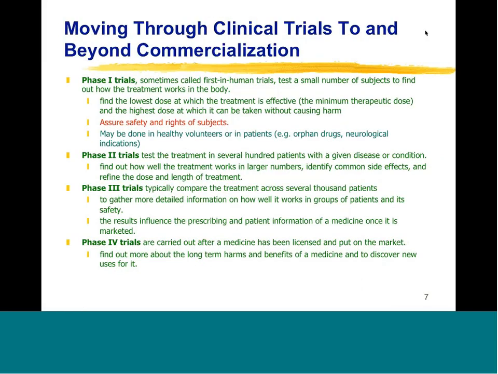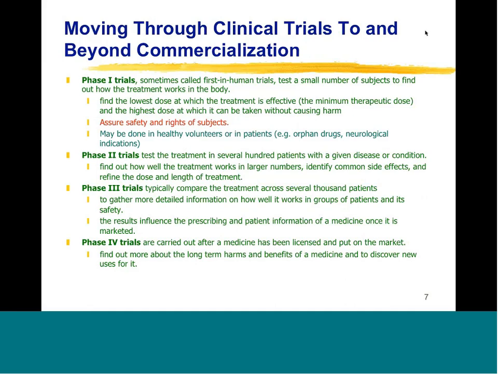I think I already went through this in terms of the clinical trials. Really, the most important aspect of your phase 1, your first in human, is that you're trying to get some sense of what's the lowest dose that is effective, and what's the highest dose that doesn't cause harm?